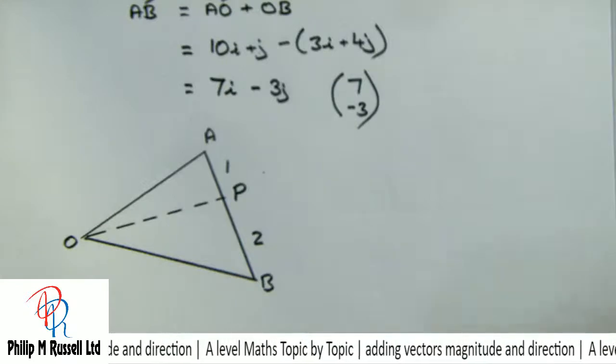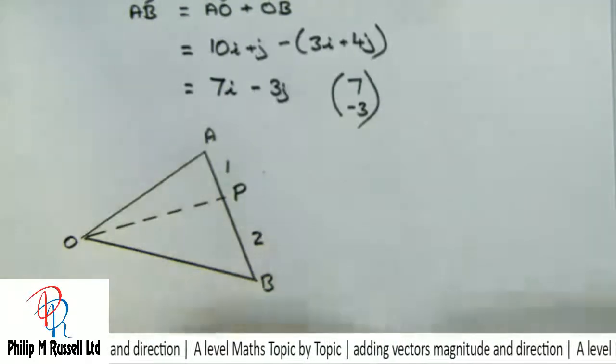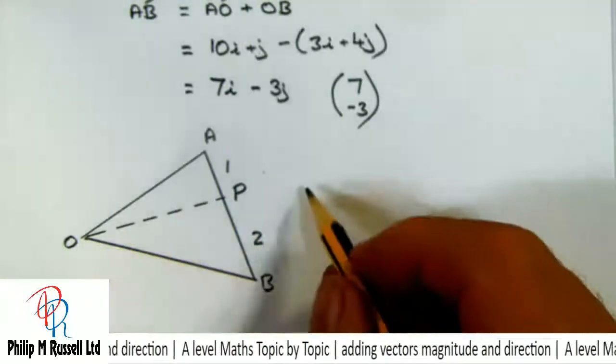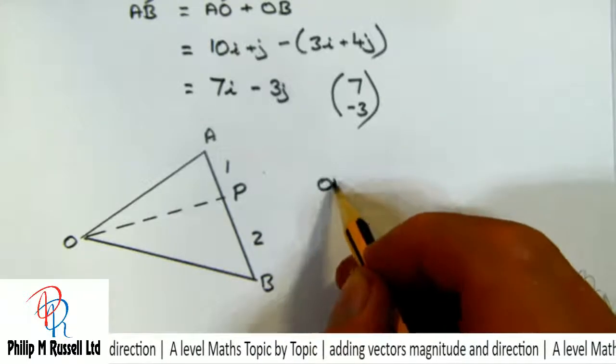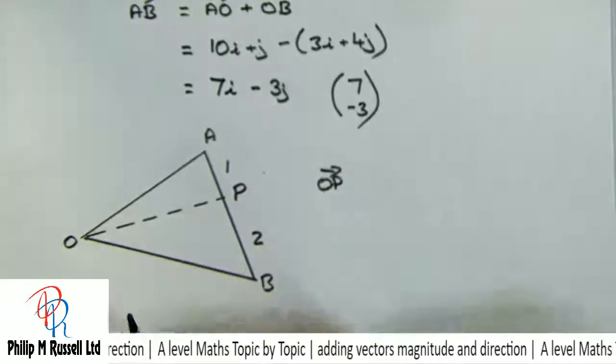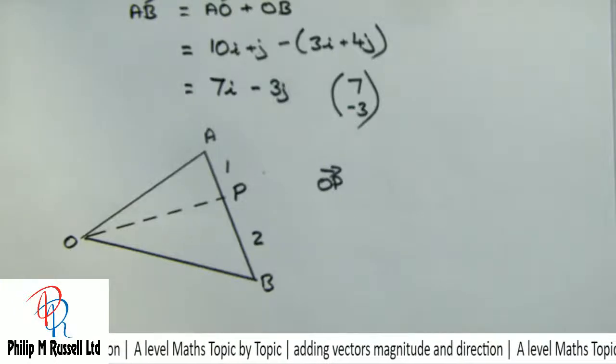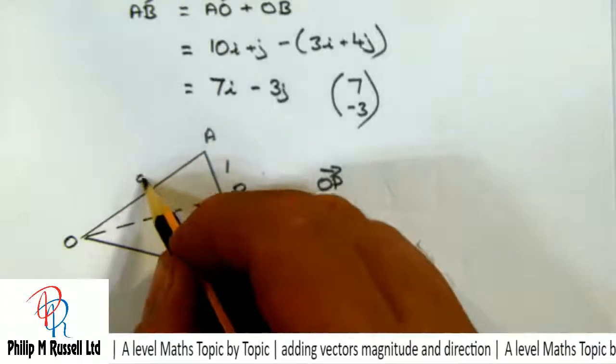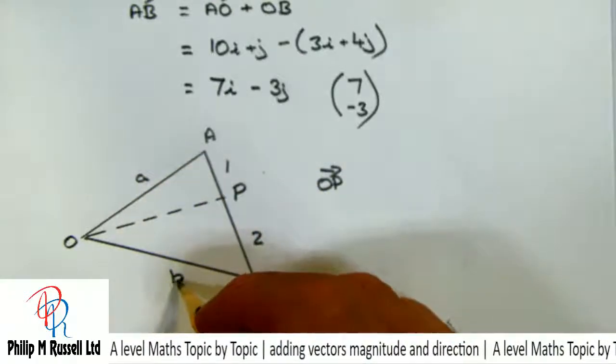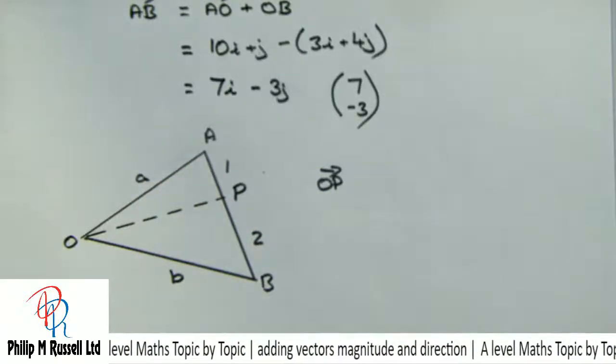So if that is the case, then I want to work out what OP is going to be. So let's give these vectors some names, because it's probably going to be easier. This is going to be the vector a, and this is going to be the vector b.